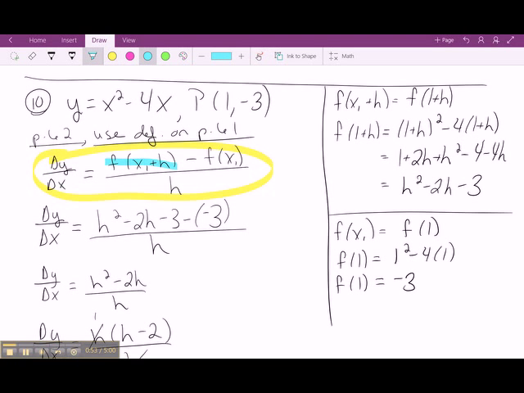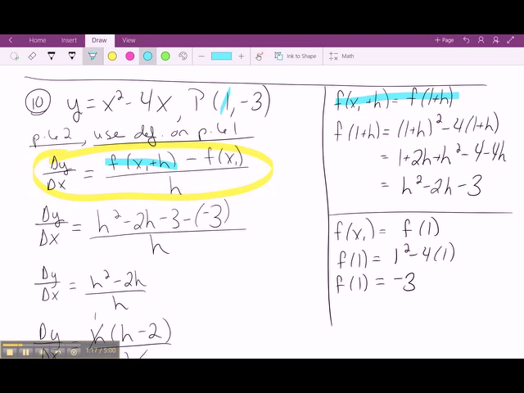So this f of x sub 1 plus h, the x sub 1 is your x value at the point you're working with. So for this question, our x sub 1 is actually 1. So I went over here and I found what that value is going to be. So that means that I need to find what is my function value at 1 plus h.